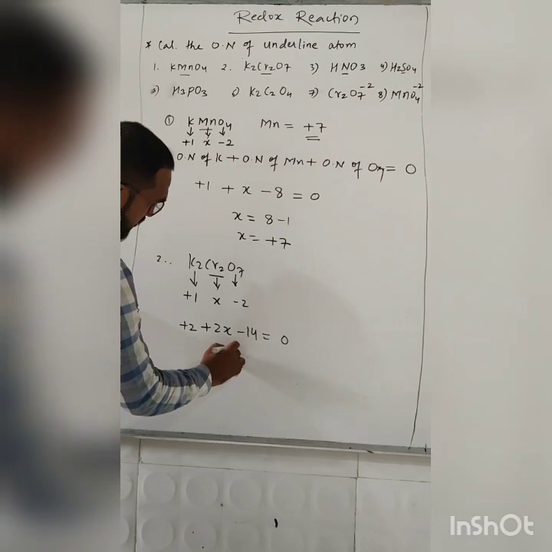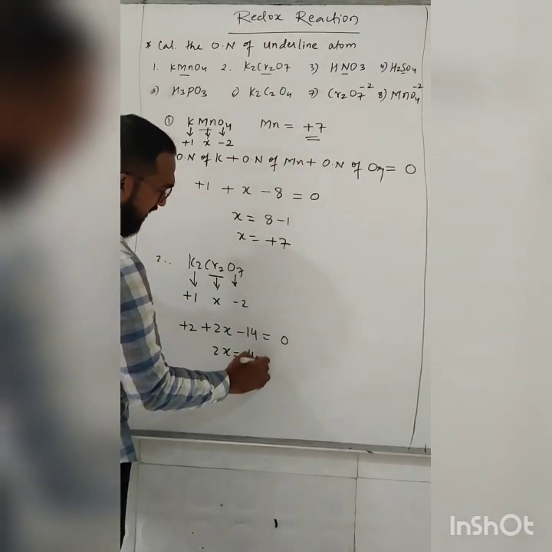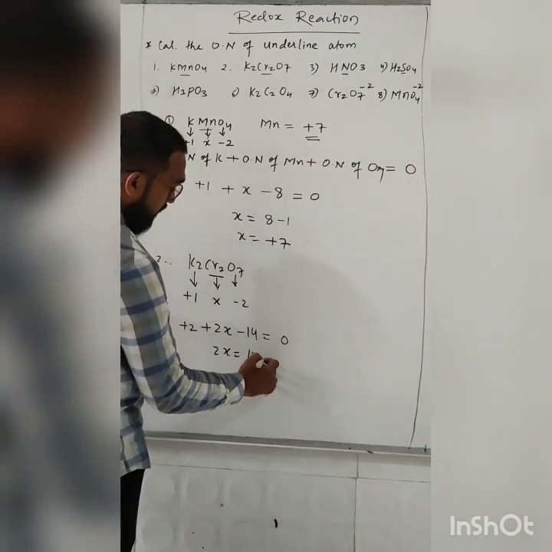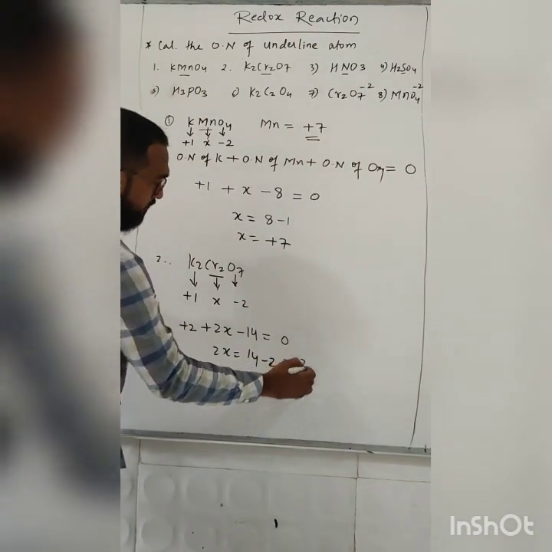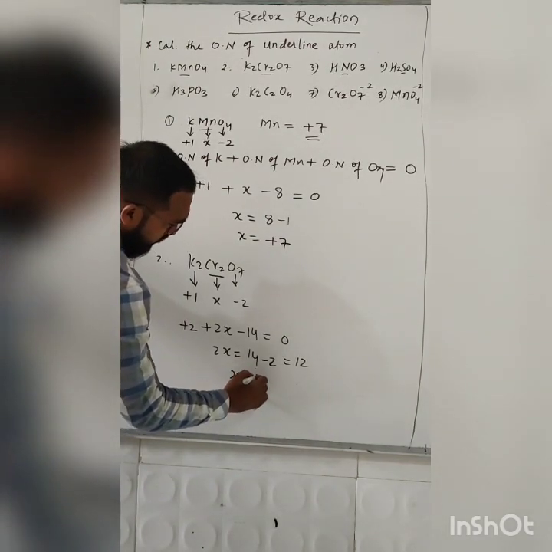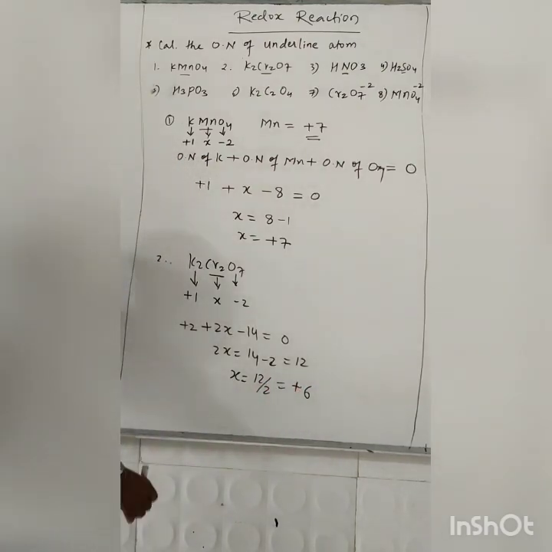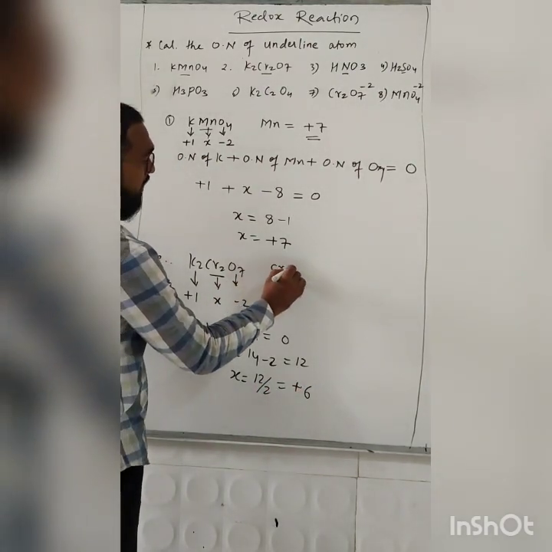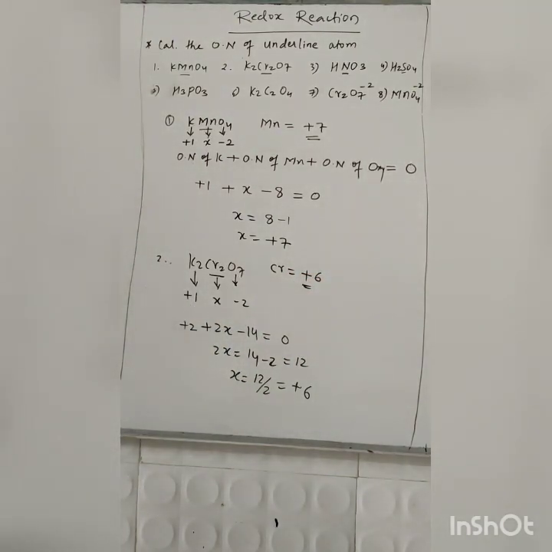So 2x is equal to minus 14 here, plus 14 plus 2 here, minus 2, equal to 12. So 2x is equal to 12, divided by 2, equal to plus 6. So here chromium has plus 6 oxidation state.